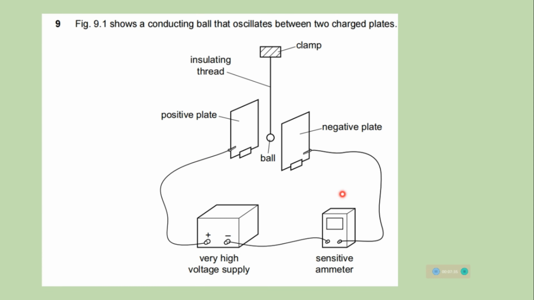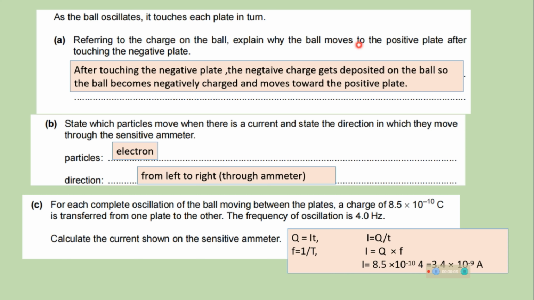This figure shows a conducting ball that oscillates between two charged plates. These are the two charged plates. As the ball oscillates, it touches each plate in turn. Referring to the charge on the ball, explain why the ball moves to the positive plate after touching the negative plate.